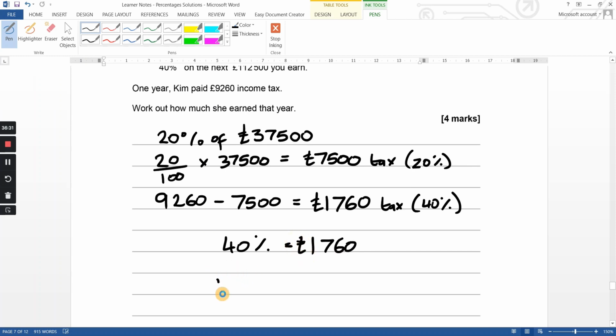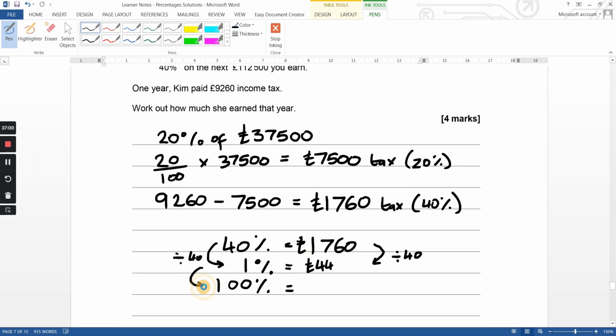I want to work out 100% of the original. So I want to get from 40% to 100%. Let's work out 1% first. To get from 40 to that, I'll have to divide by 40. Same this side as well. Let's do that in the calculator. That's 44.